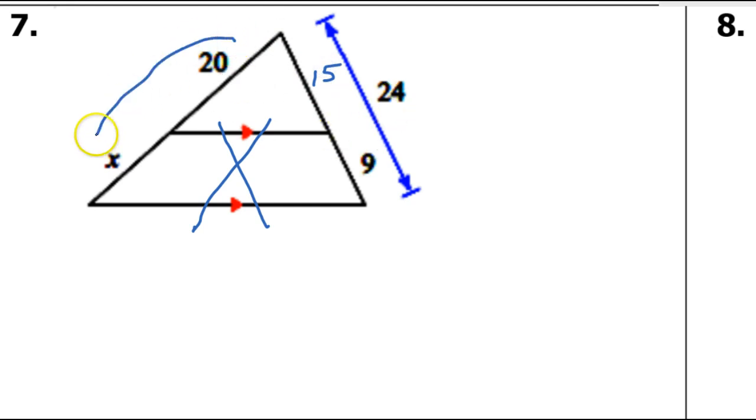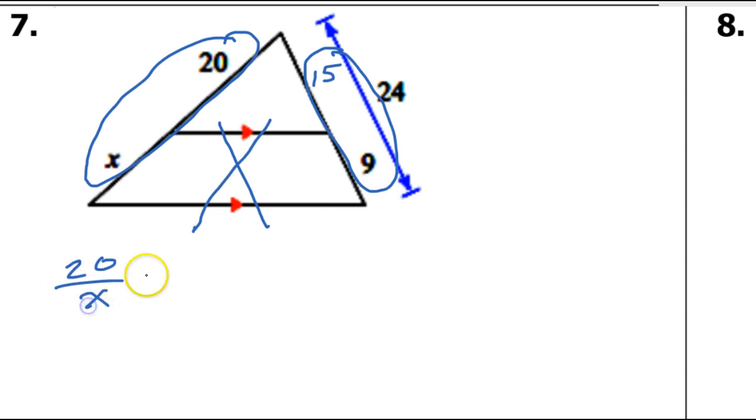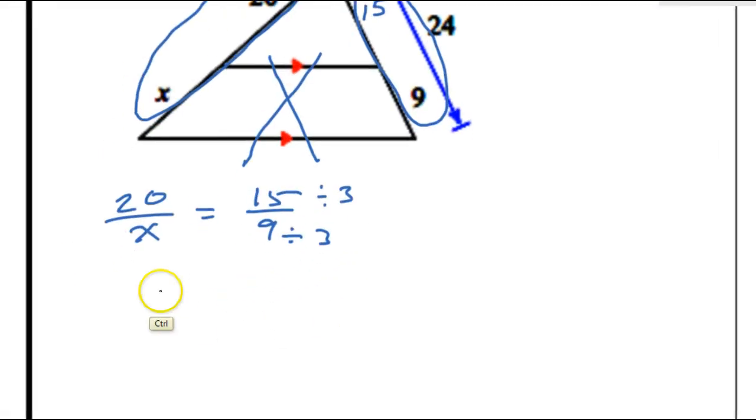So the Side-Splitter Theorem says we can make a fraction out of these, and we can make a fraction out of these. Those segments are proportional. So I can do 20 over x is equal to 15 over 9. These are both divisible by 3, so that's going to give me 20 over x is equal to 5 over 3.